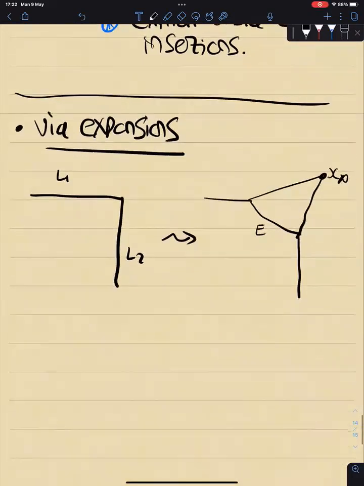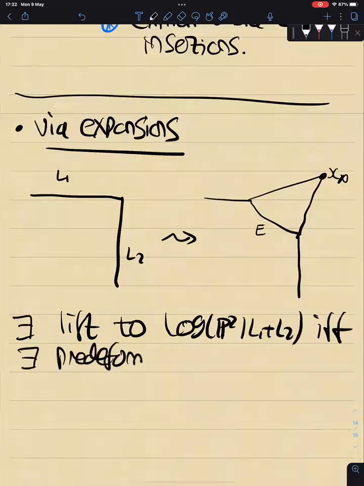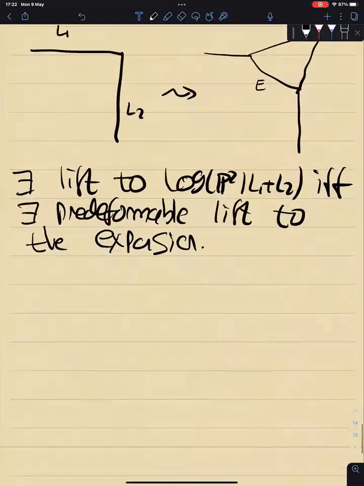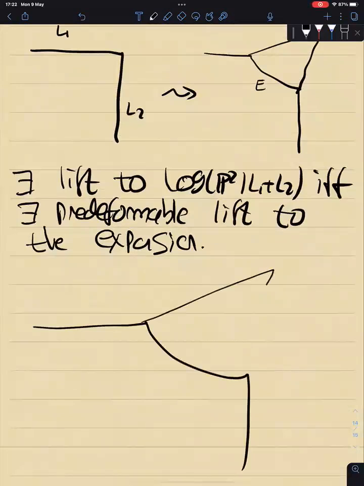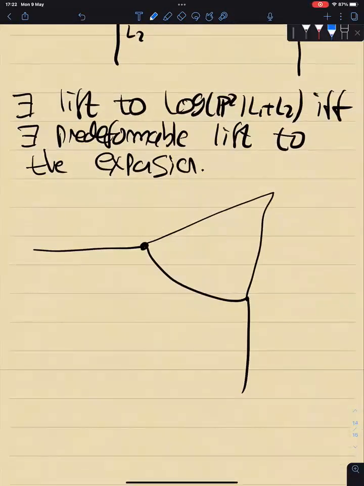So I have my map down to P2, and I'm asking whether it admits a log lift. So there exists a lift to this log space, P2 with L1 plus L2. This happens if and only if there's a predeformable lift to this expansion. Okay, so the picture we're after is something like this. Here's my degeneration to the normal cone.